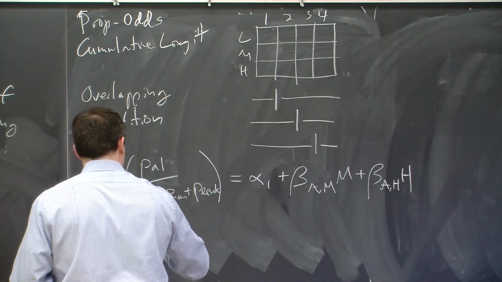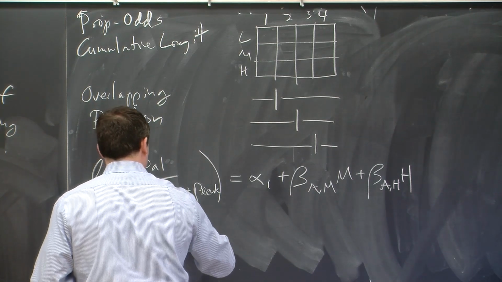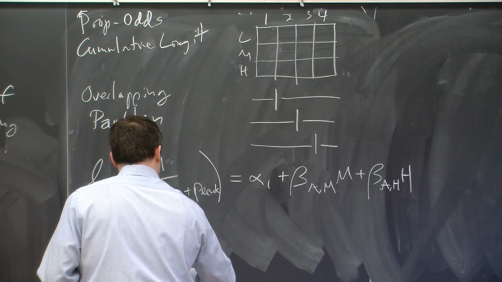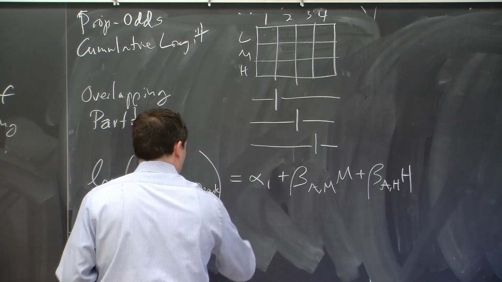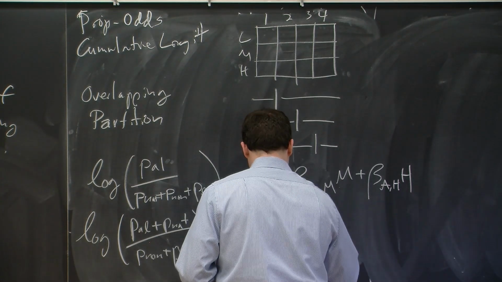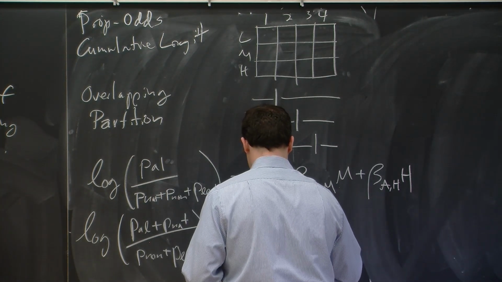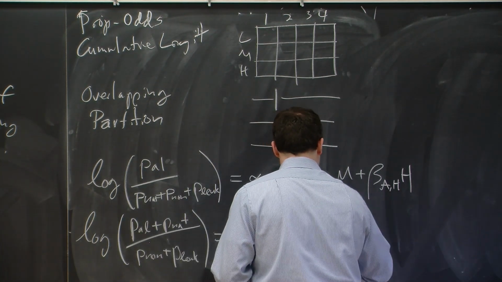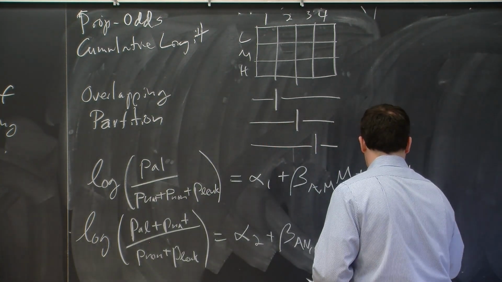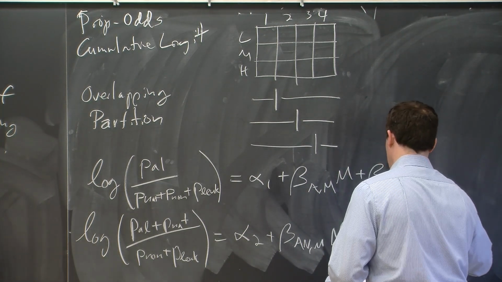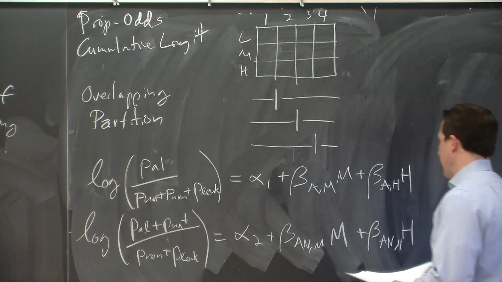Log p alive plus p nat divided by p non plus p leukemia is alpha 2 plus beta alive and natural, M times the dummy variable for M, plus beta alive and natural, H, dummy variable H.